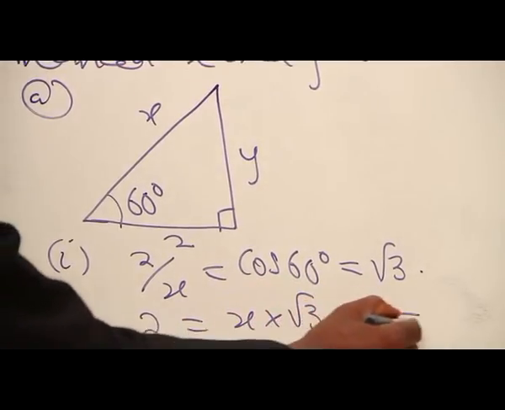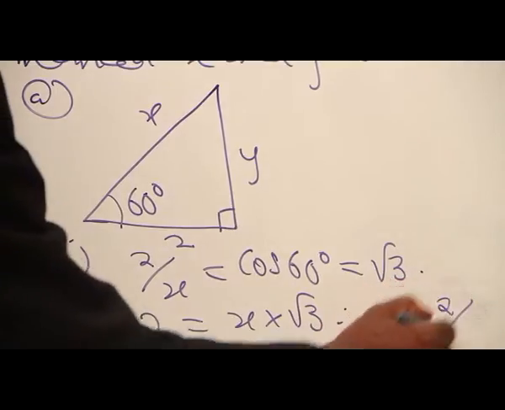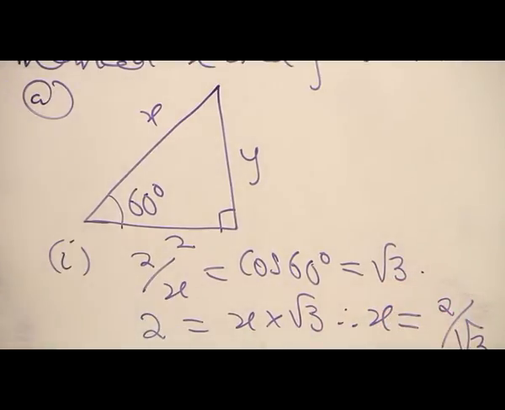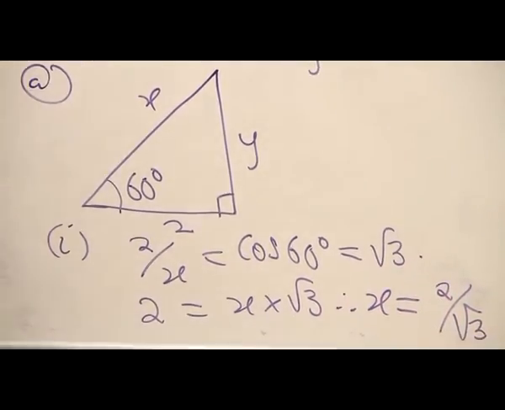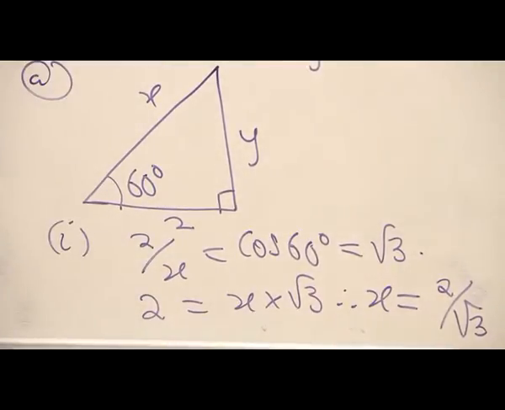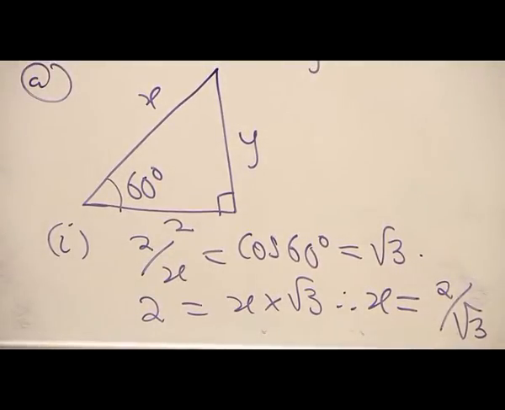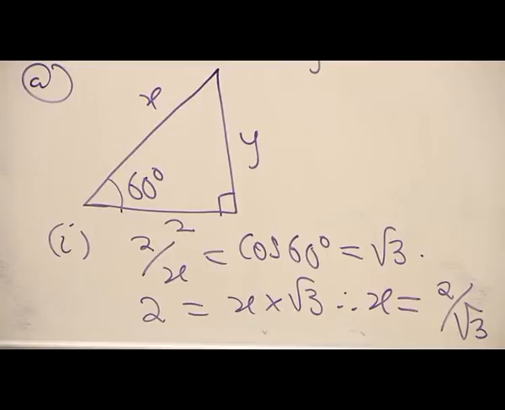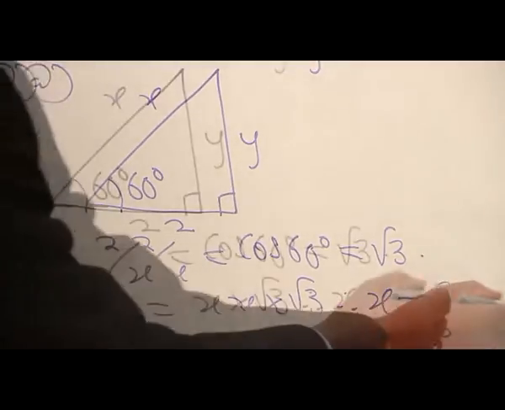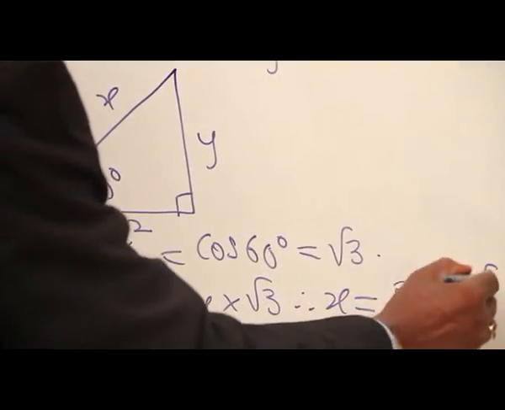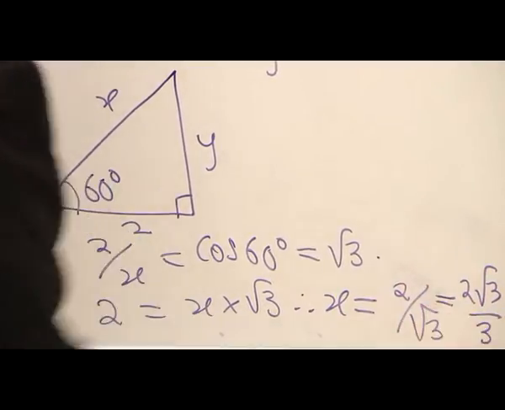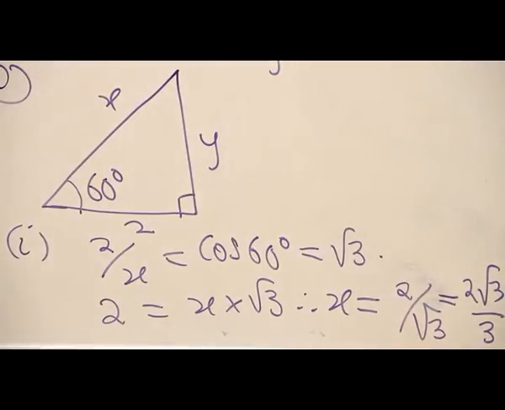Therefore, S is equal to 2 divided by root 3. And of course, we remember that we can write this answer as 2 root 3 all over 3. So this is equal to 2 root 3 all over 3. That gives you the value of S.